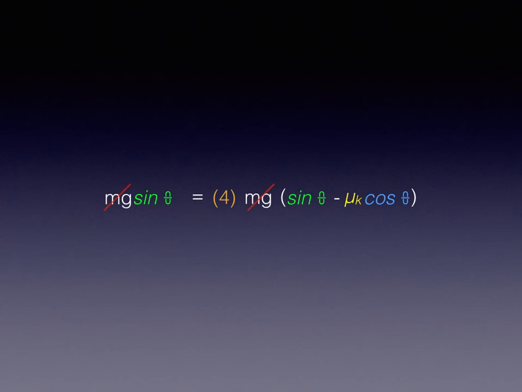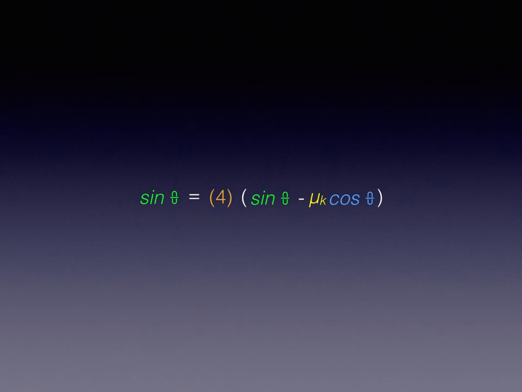So that goes away, and our equation is now getting smaller and smaller. That's good news. A little bit of a problem right here is that our mu k, our coefficient of kinetic friction, is locked inside that parentheses, and we don't like that. We want to break that open and isolate it by itself. So what can we do? We can distribute our 4 to the sine theta and to the mu k cosine theta. So let's do just that.